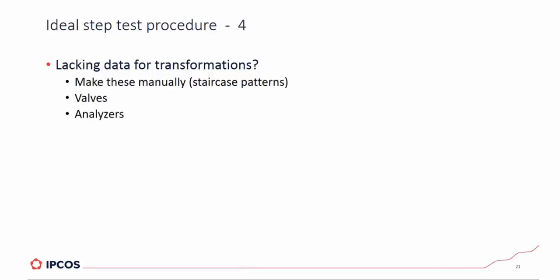So I guess we do need to leave a day or two at the end of our test to implement a number of manual steps, whether we do it through the step testing interface or manually, doesn't really matter, but just to generate some data which we know are difficult to generate through auto-testing.